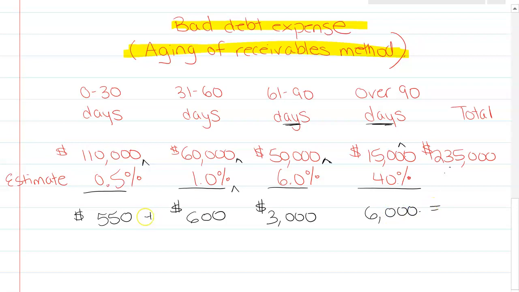If I add all of those up, that comes to 10,150. So what we're assuming is that out of the 235,000 that's owed to us, approximately 10,150 is uncollectible. So that's step one.